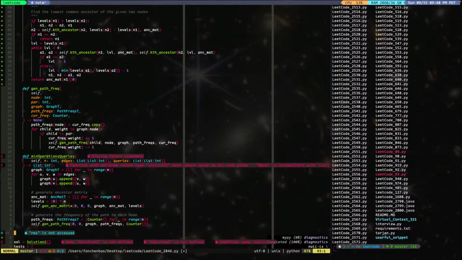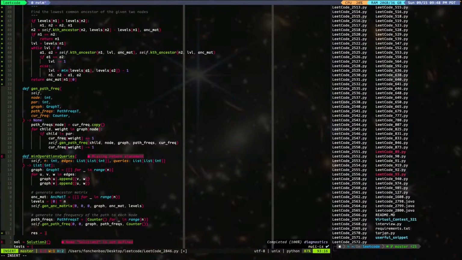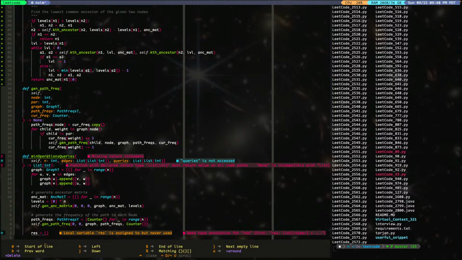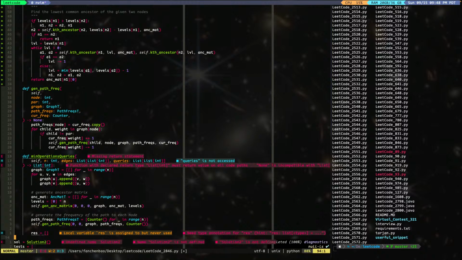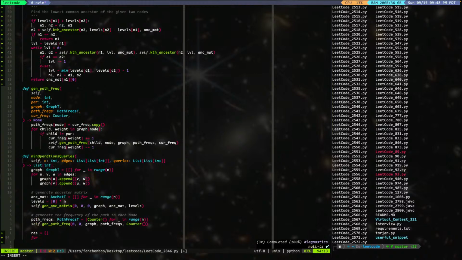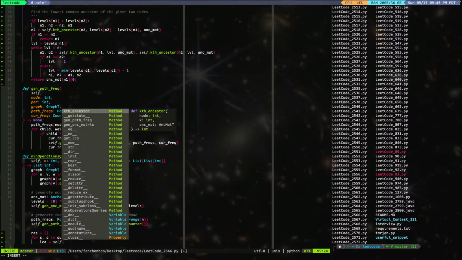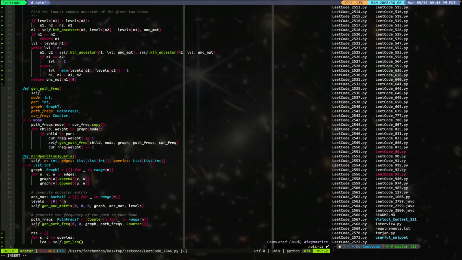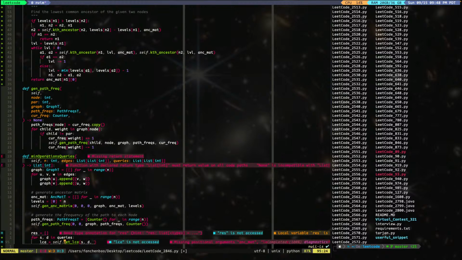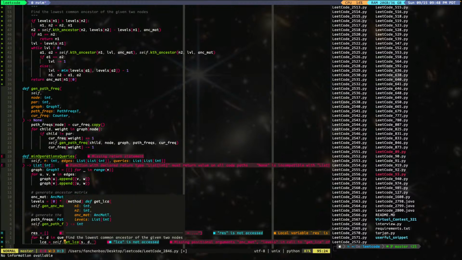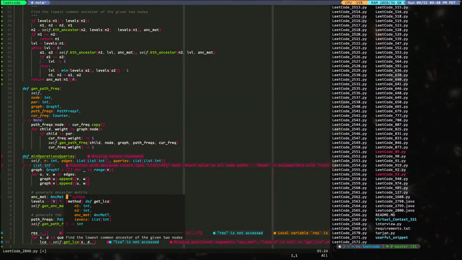Actually, I don't think it's even necessary to do it that way. Then I'll say for source and destination in queries, LCA shall be self.get_LCA with source, destination, ancestor matrix and levels.